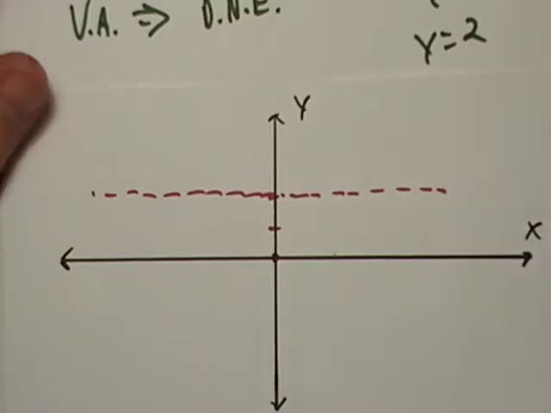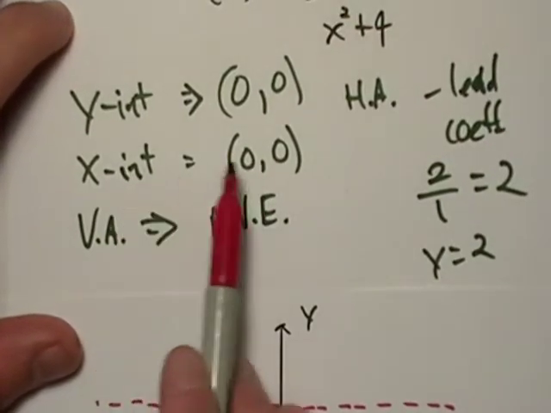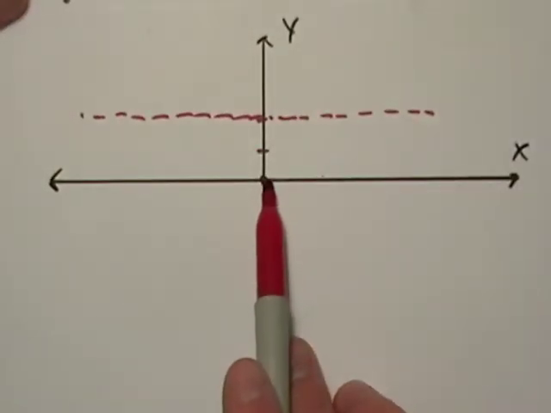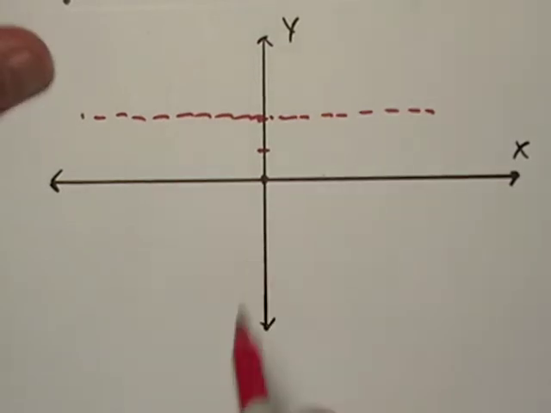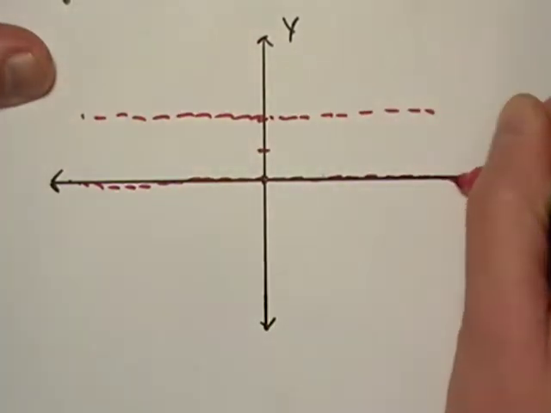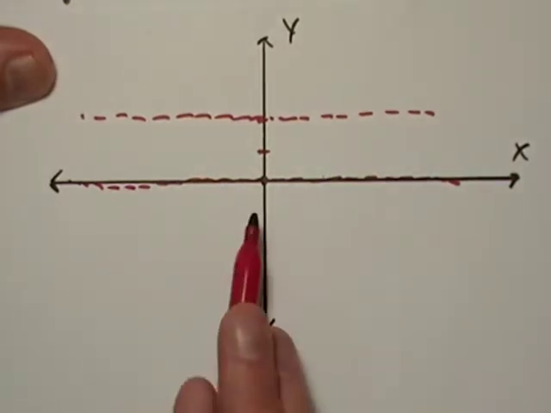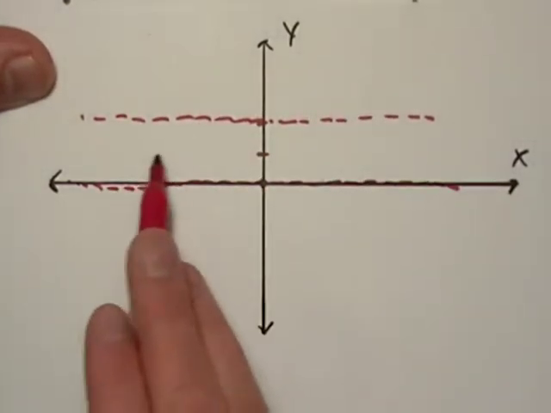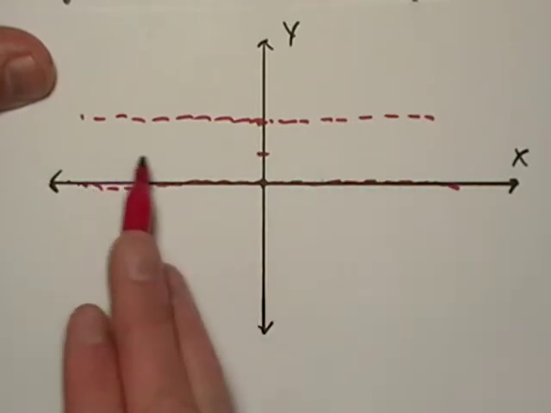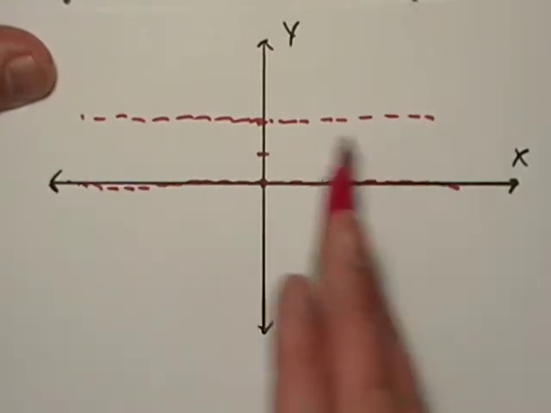One thing we do know is that there's only one x-intercept, and it's (0, 0). That tells us that our function is never going to be down here on the graph, and it's never going to be above here. So it's going to exist somewhere in here. Basically, the range of the function is going to be in here.